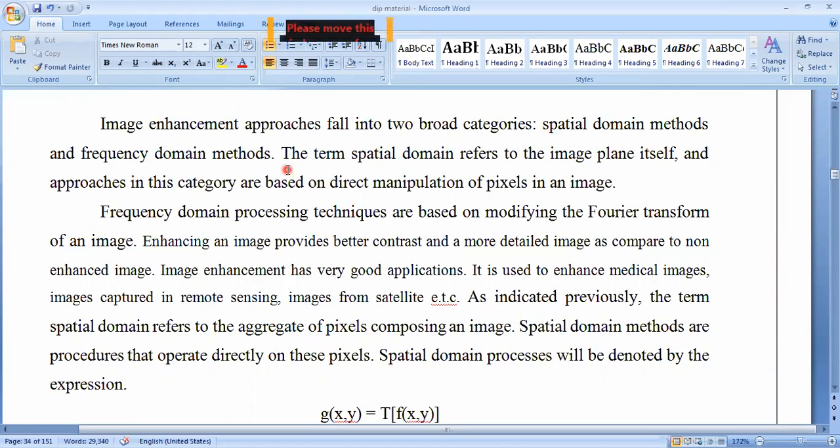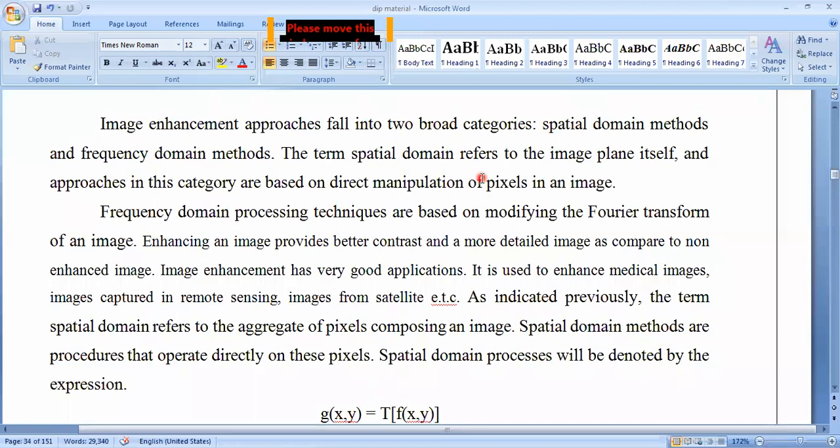Whenever the image is captured in a camera, there may be some fault in camera settings, or the dynamic range of that camera, and during the process of capturing that image, noise may be added. So that image is in poor quality, and we need to improve it. That is the spatial domain, meaning the general representation of pixels.